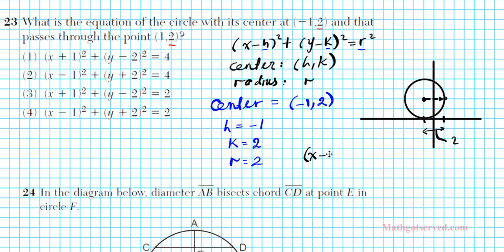You have to include them with their sign. So this is negative 1. Guess what I'll put here? I'll put parenthesis negative 1, squared, plus y minus k, which is 2, squared, is equal to r squared. Do not forget to square this number. That's one big mistake most students make.